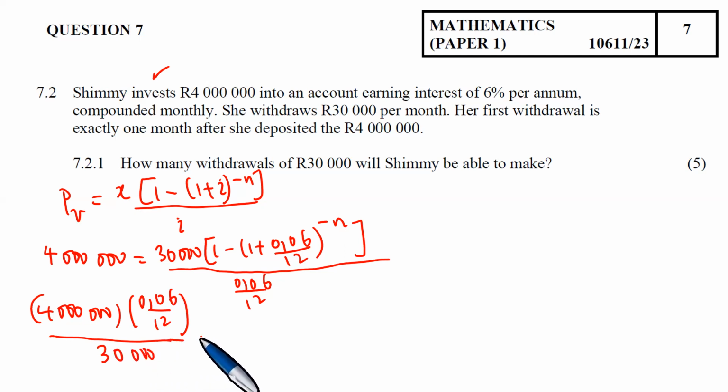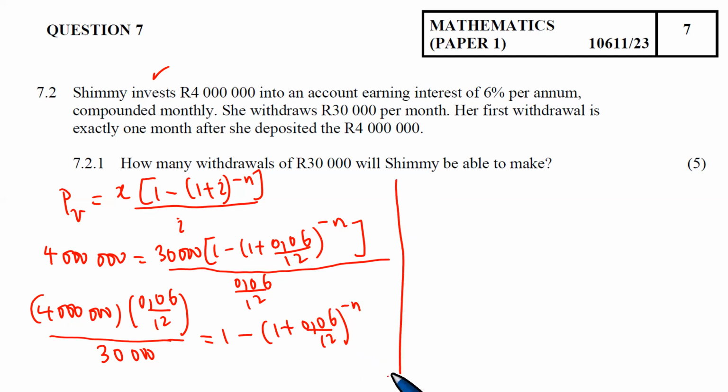This is equal to 1 minus 1 plus 0.06 divided by 12, raised to the power minus n. Dividing through, 1 over 3 is 1 plus 0.06 divided by 12, to the power minus n.